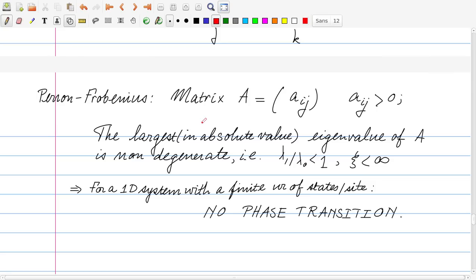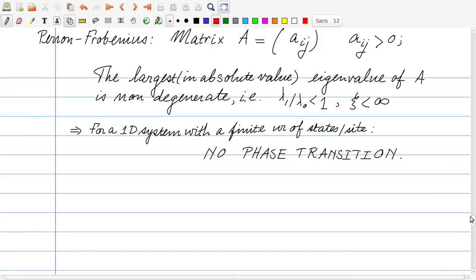And that says a lot, but the most important for us now is that the largest eigenvalue in absolute value of A is non-degenerate, i.e. the second largest divided by the largest eigenvalue is strictly smaller than 1, and therefore the correlation length is finite. I indicated already, and in another movie I will come back to this, that the divergence of xi means that the system has a phase transition, a critical phase transition.